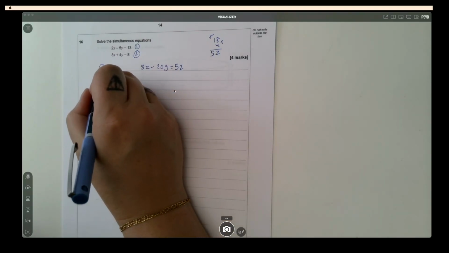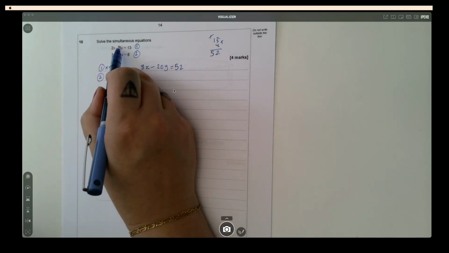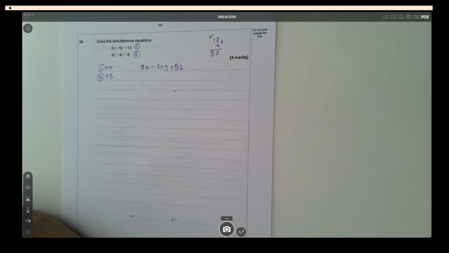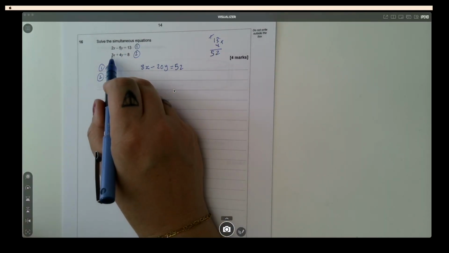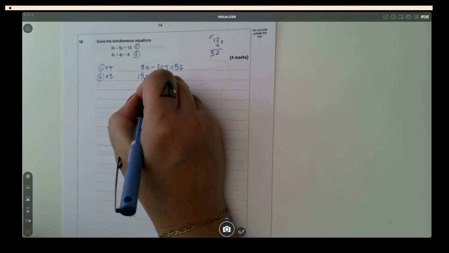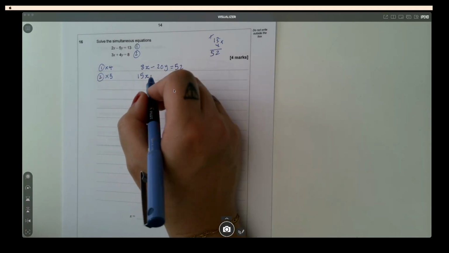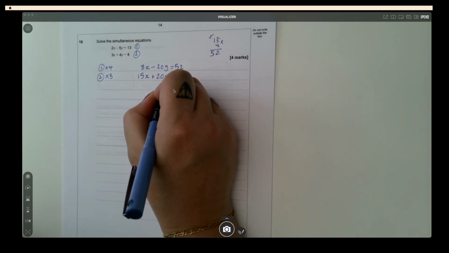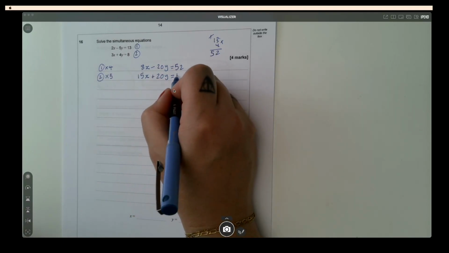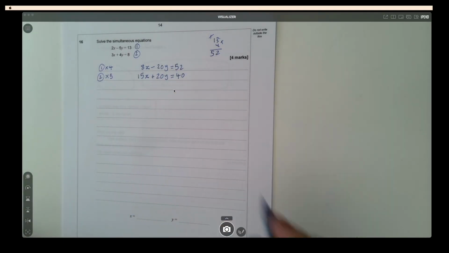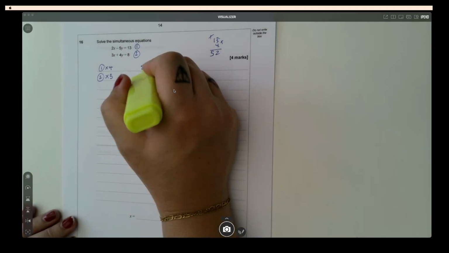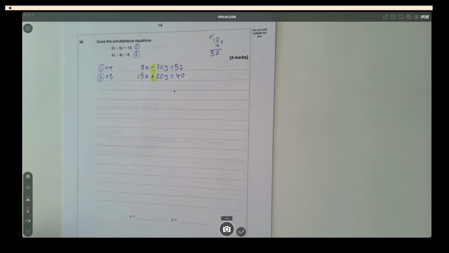I'm now going to multiply equation 2 by 5 because that's the coefficient of the y term in the other equation. So 3x times 5 is 15x, positive 4y times 5 is positive 20y, and then 5 times 8 is 40. So now my y terms are the same. They both have a coefficient of 20, but they have different signs.